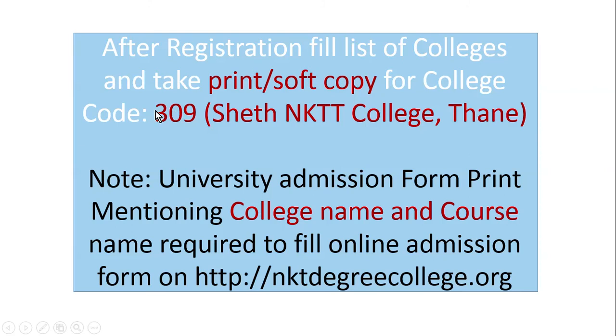Here the college code is 309 for NKT college in Thane. Note: the university admission form print mentioning the college name and the course name is required to fill the online form on the website nktdegreecollege.org. So it is mandatory, whenever we are filling the pre-admission form for any college, to check the college name and the course which is selected.